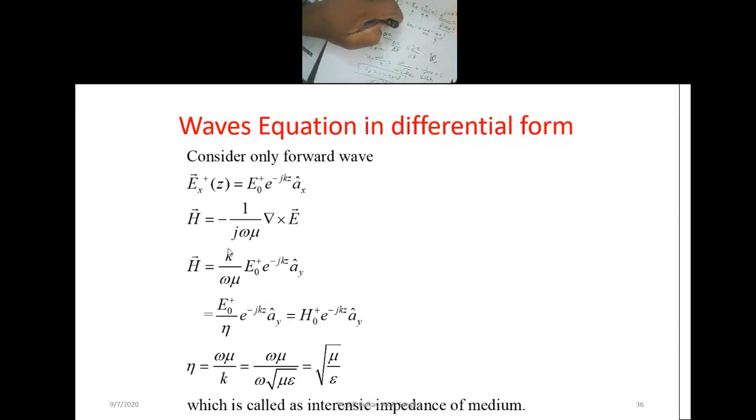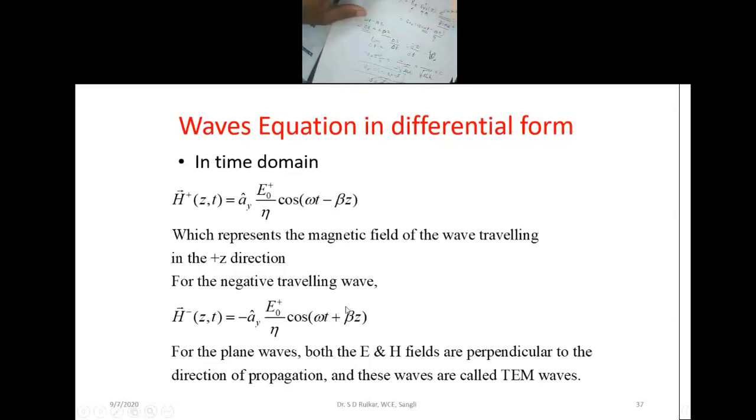In the same way we can find the field, and for a given field we get the impedance of the medium, eta, which is equal to square root of mu by epsilon, or simply mu 0 by epsilon 0, and if you solve it, it becomes 377 ohm, or 120 pi.